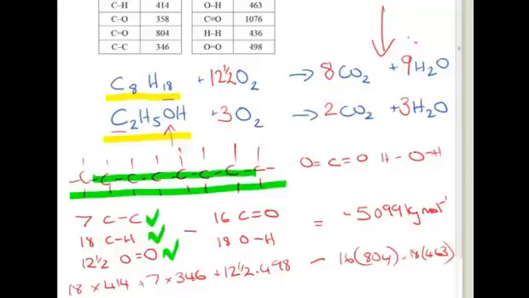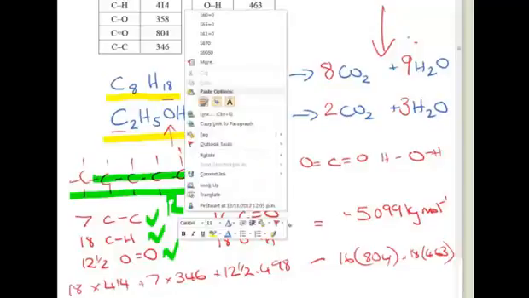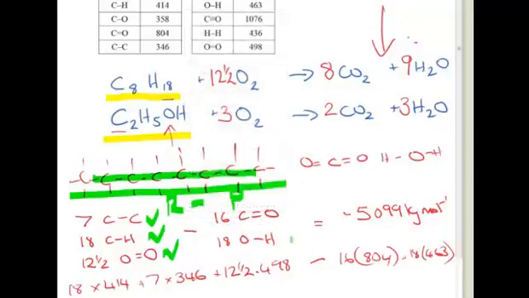And remember with bond enthalpies, it's reactants minus products. So I've got 16 C=O bonds there, and 18 O-H bonds. If we replace that with numbers as we've done down here, and then we do the subtraction, we get minus 509 kilojoules per mole.